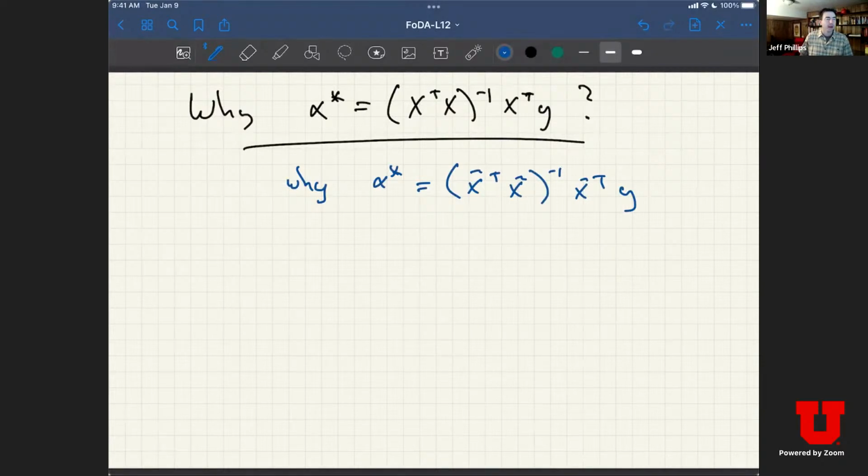Yeah, I'm not really doing any of it. I'm just playing fast and loose with the notation. I just don't want to always write the tilde, so sometimes, for convenience of notation, I will drop it.